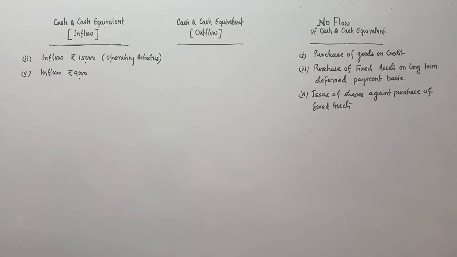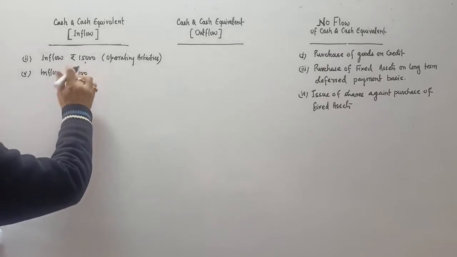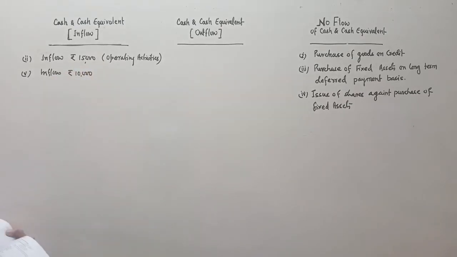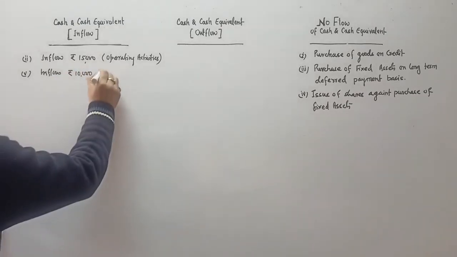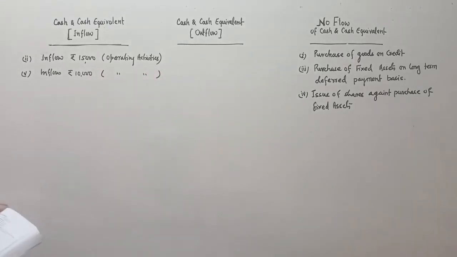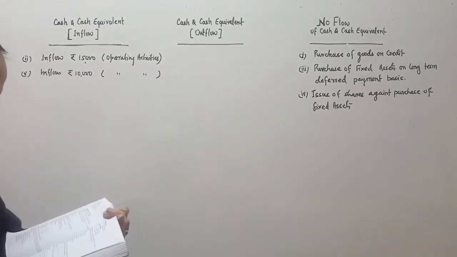Cash received from a trade receivable is after allowing discount of rupees 1,000 on 10,000. So cash received is this much. This comes under operating activities, inflow under the operating activities.